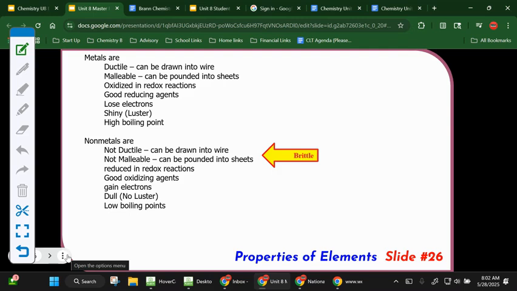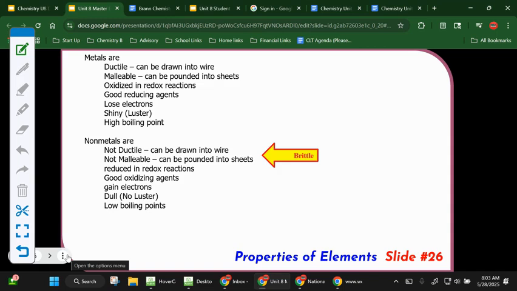Questions? Yes? Is non-ductile supposed to say that it cannot be drawn into wire? Because they both say the same. Well, it says that they are not ductile. Ductile still means that they can be drawn into a wire, but I guess I maybe put it poorly here. What I'm saying is it can't do that.